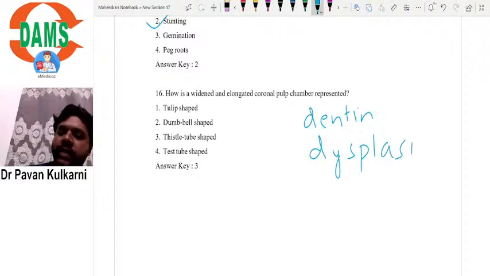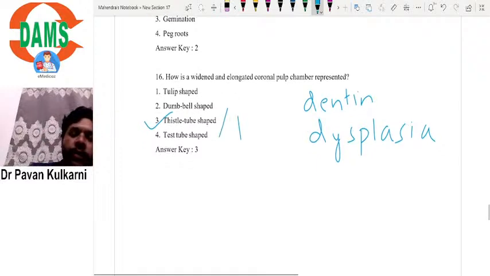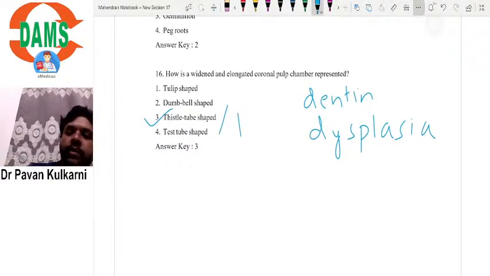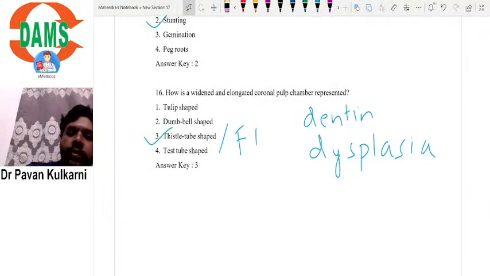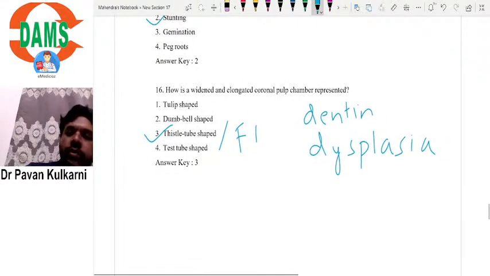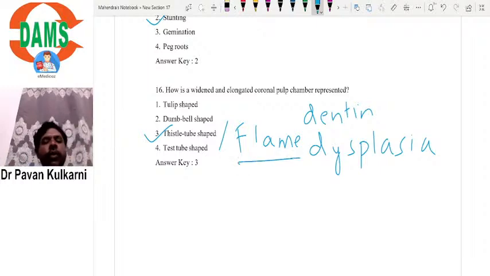All of us know it's a straightforward thistle tube, or it is also called flame shaped. So thistle tube or flame shaped enlargement of the coronal pulp is seen in dentine dysplasia.